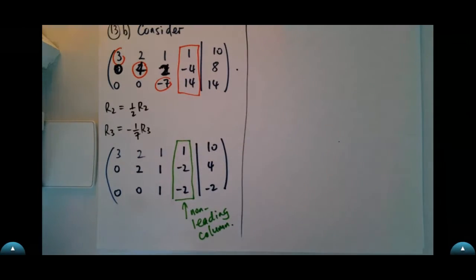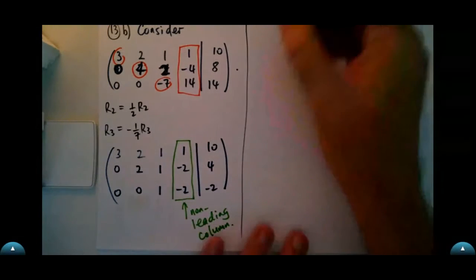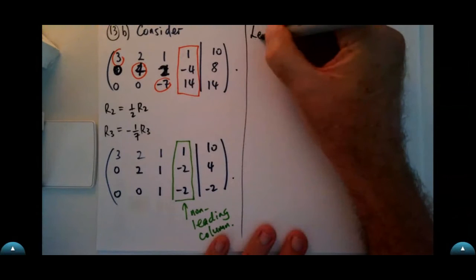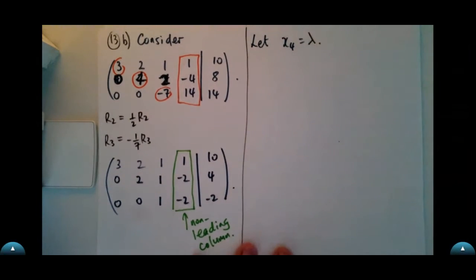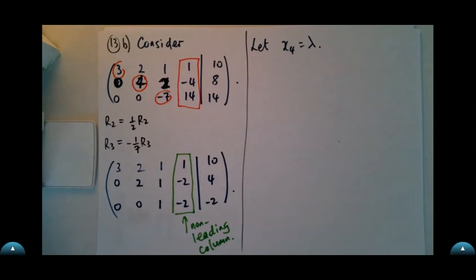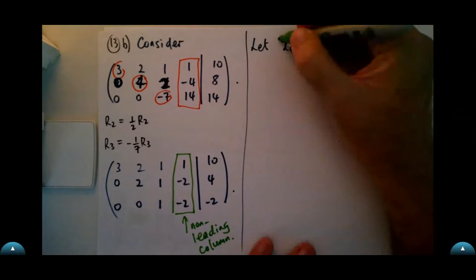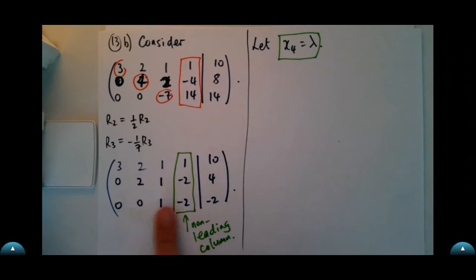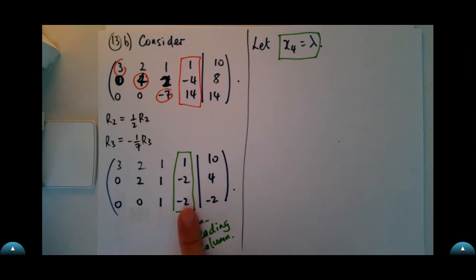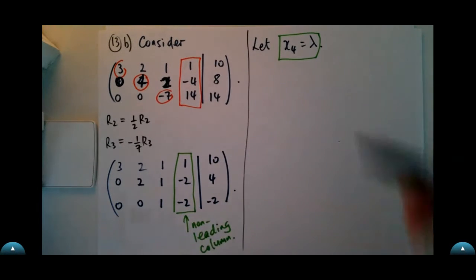So I would let x4 be something like lambda. Okay, move that down. And so what I can do then is work with each row and use back substitution. So row 3 says x3 minus 2x4 equals -2.